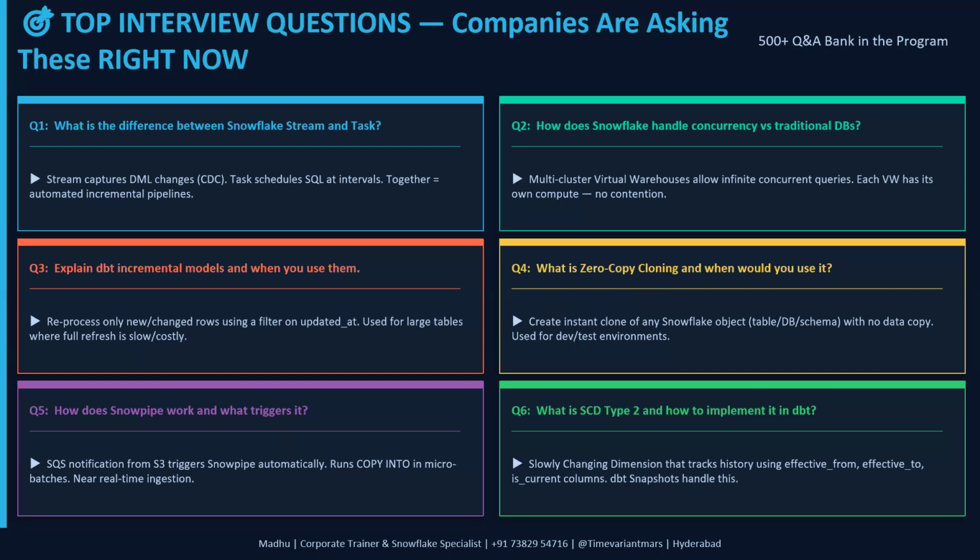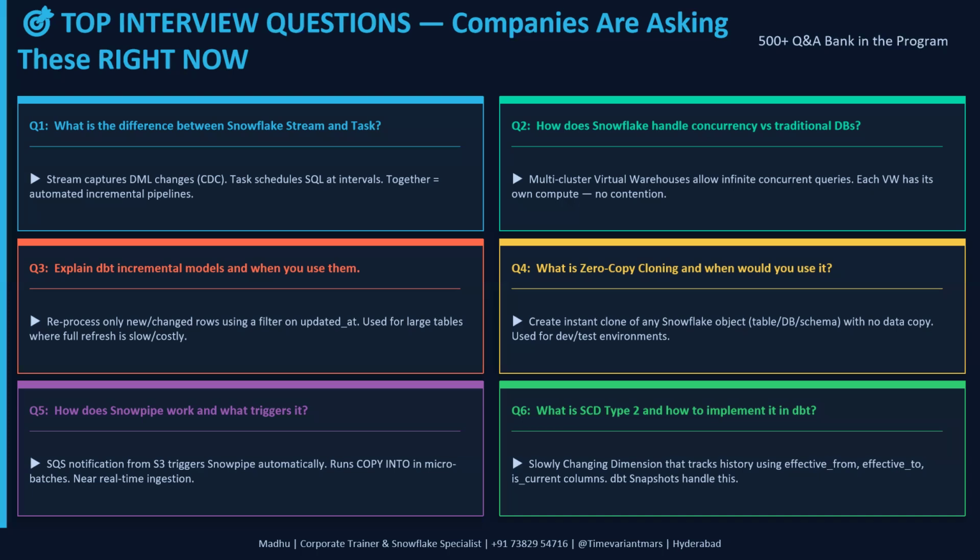Question 1: what is the difference between a Snowflake stream and a task? A stream is a CDC mechanism. It records every DML change, insert, update, delete, on a source table as an offset. It does not store the actual data, it stores what changed.